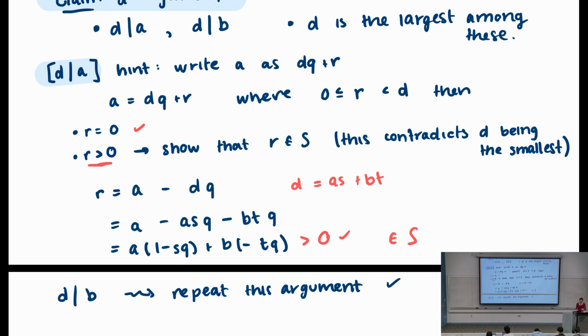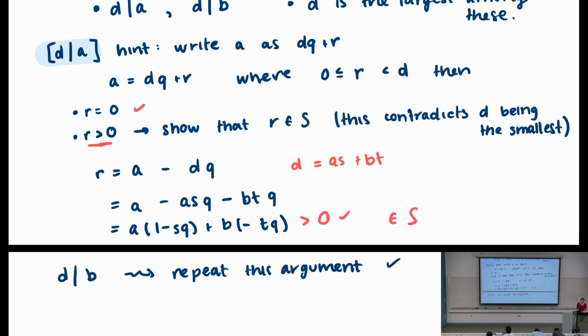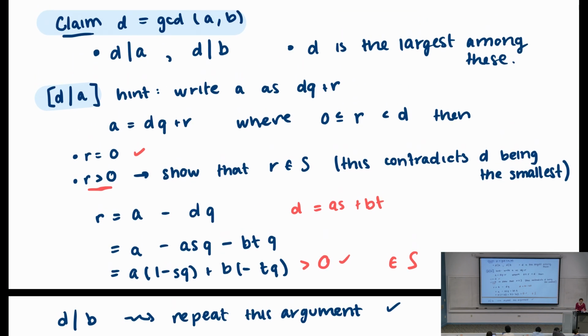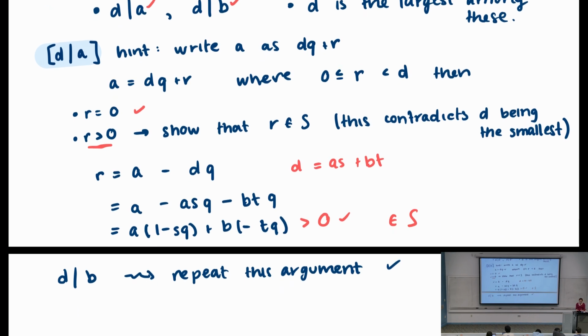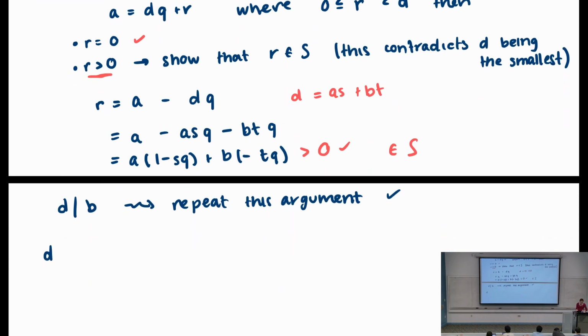Yes, okay. Okay, so now all that we're left to do is show, so we did this part and this part. We have to show that D is the largest among these possible values. D is the largest common divisor.